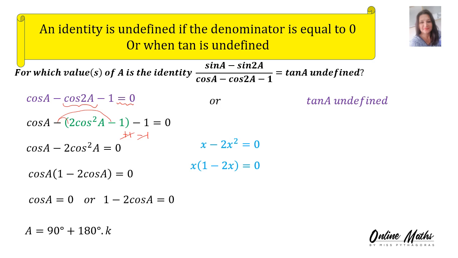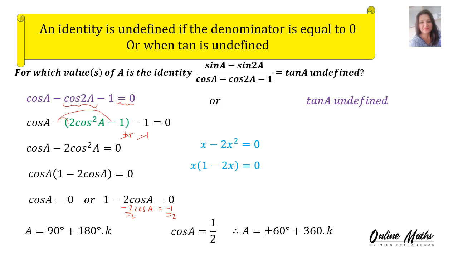And then the other part, the 1 minus 2 cos A, what will happen here is you will say minus 2 cos A equals negative 1, and then divide by negative 2, divide by negative 2, and you end with cos A is equal to a half. And then to solve that one, you find a reference angle of 60 degrees, and then therefore the answer will be A is equal to plus minus 60 degrees plus 360 times k.